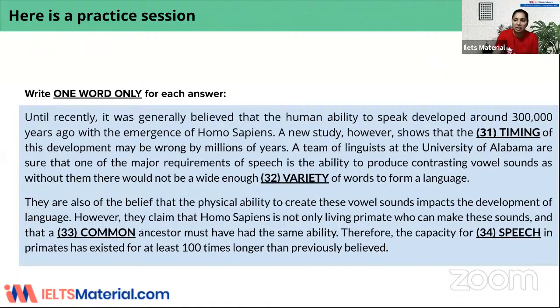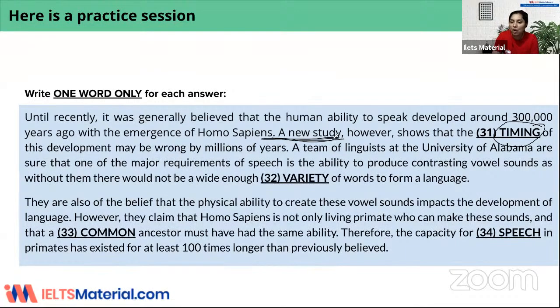Now, let me just make you understand what they did. They actually said very clearly about the new study. They said that a new research was conducted on primates where it showed the timing of this development, right? The timing of this development and that which went wrong or which went to another level.